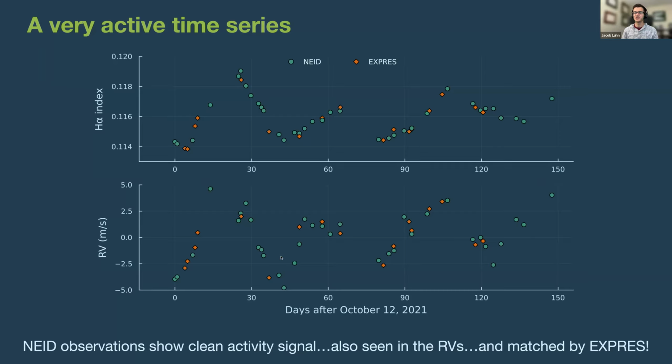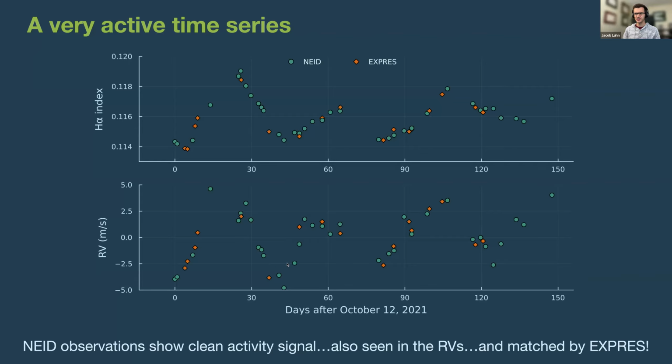So Jared Siegel, again, ran his line-by-line code for both the NEID and EXPRES observations. And the activity indices here are derived using a modified version of the NEID default pipeline.